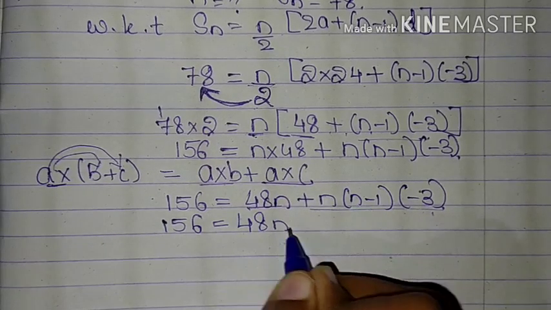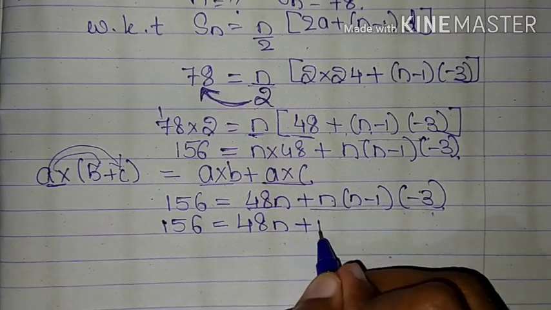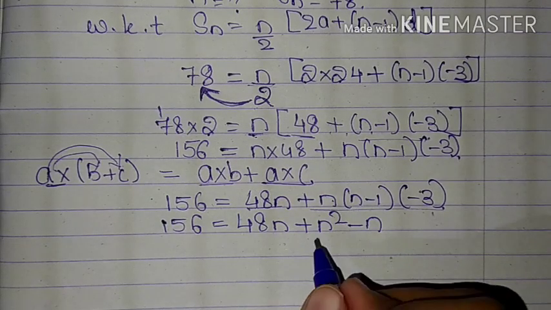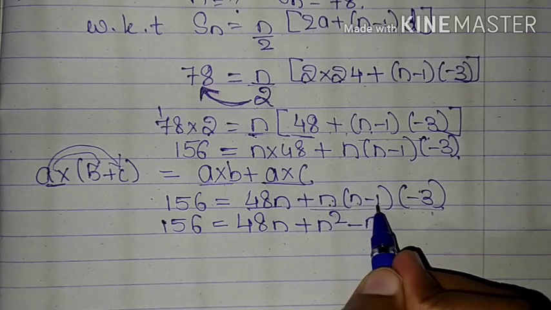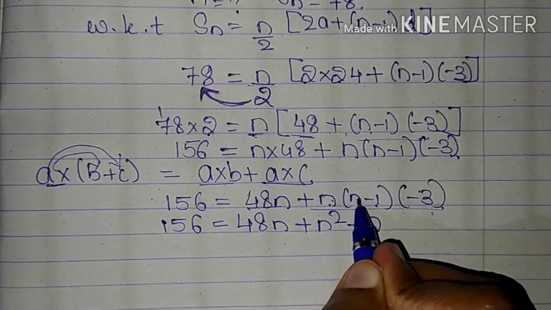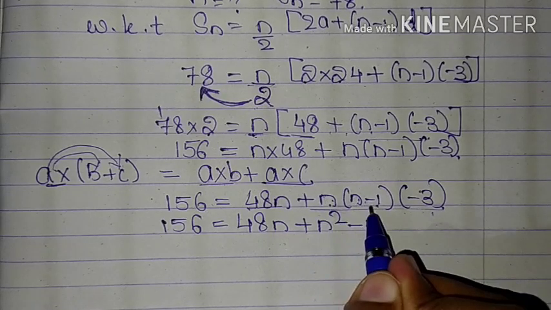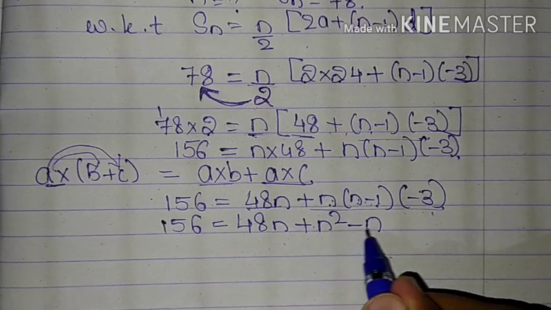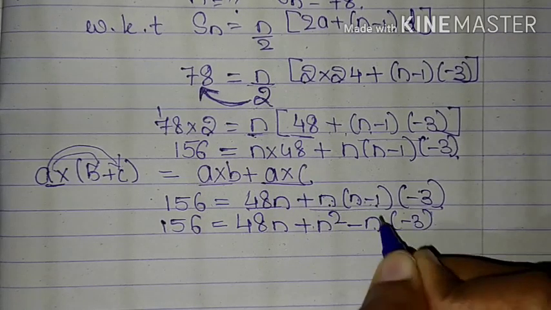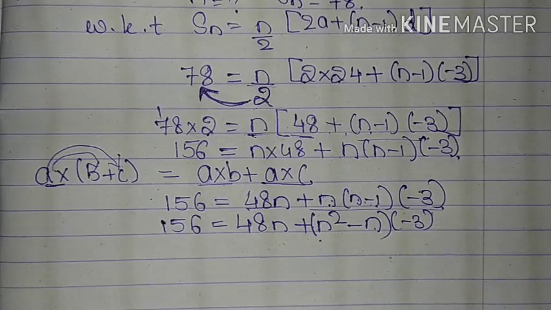Okay, 48n plus n into (n minus 1) is n square minus n. Once again I applied the distributive law here. It is a into (b minus c) form, so it will be a into b, that is n into n, minus n into 1. So we get (n square minus n) into minus 3. Put everything into brackets.